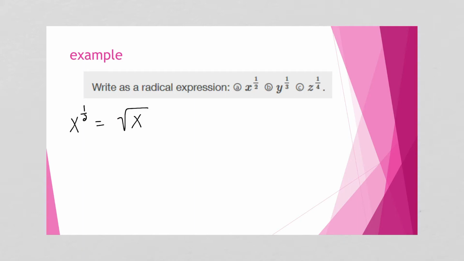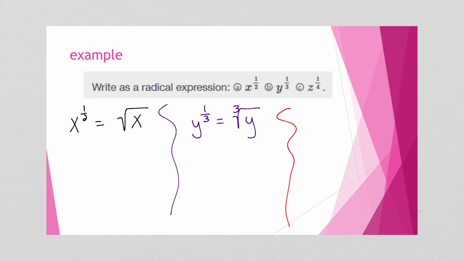Let's look at part B. y to the 1/3 power is the same thing as the cube root of y. z to the 1/4 power is the same thing as the 4th root of z. You should practice going back and forth between the two.